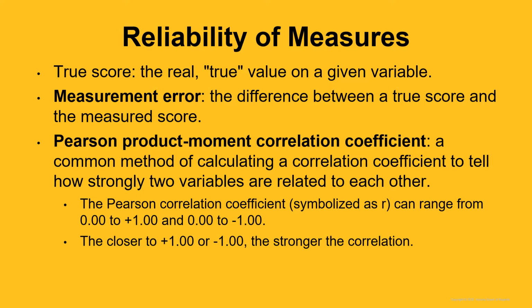A related concept that is important to understand in the same conversation is the Pearson product moment correlation coefficient, and we usually just call this Pearson's r. For those of you who remember this from your intro statistics course, you would remember all that math involved in getting to an r score.